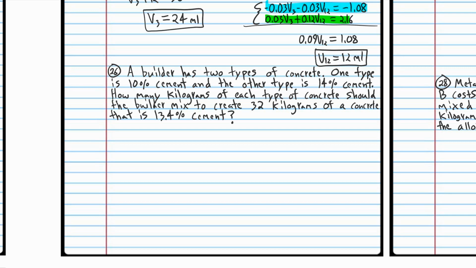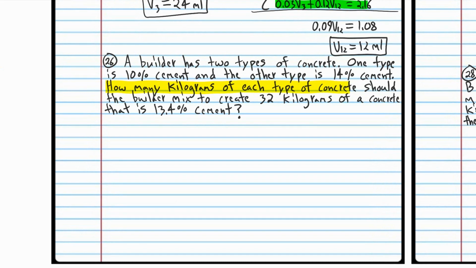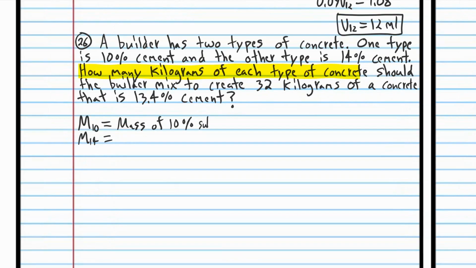Let's see how many kilograms of each type of concrete. So mass of 10%, mass of 14%. I'm going to say substance, and of course it's in kilograms. The abbreviation for kilograms is just kg. Again, that's the most important part.